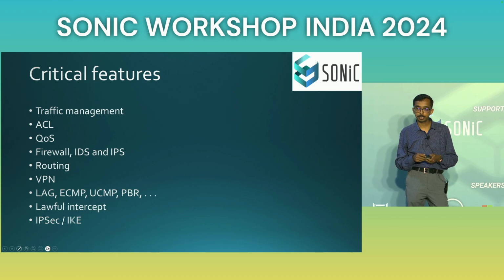Lawful intercept is another area that becomes really important, because typically many of these things may not be of too much importance in a data center forwarding environment, but when we are applying this to a virtual cloud routing environment, we are finding requirements, and we are trying to implement many of these things.